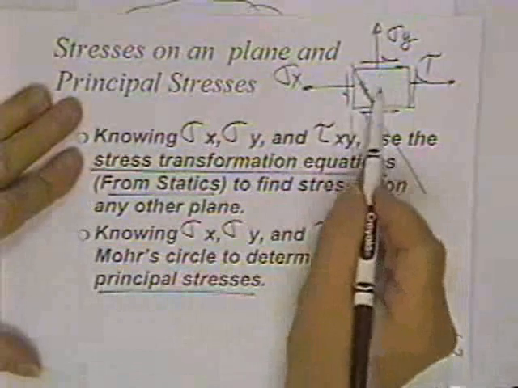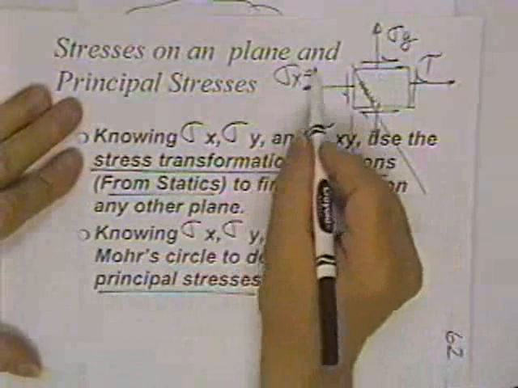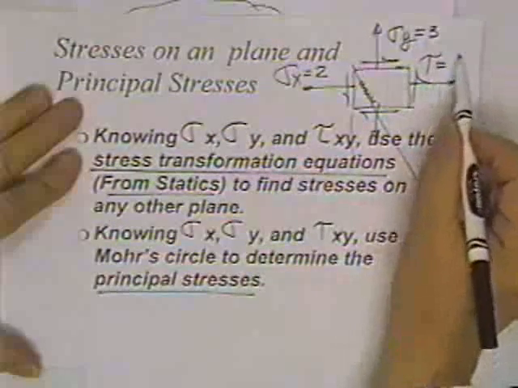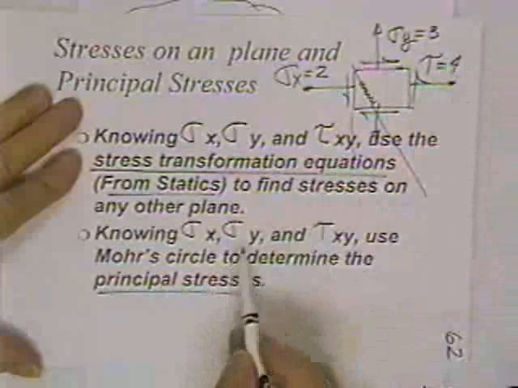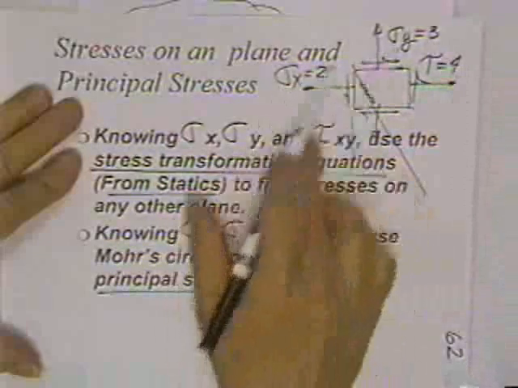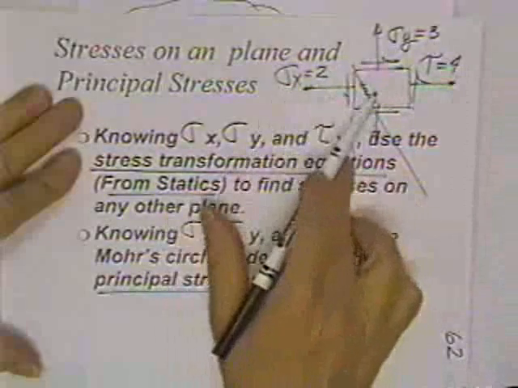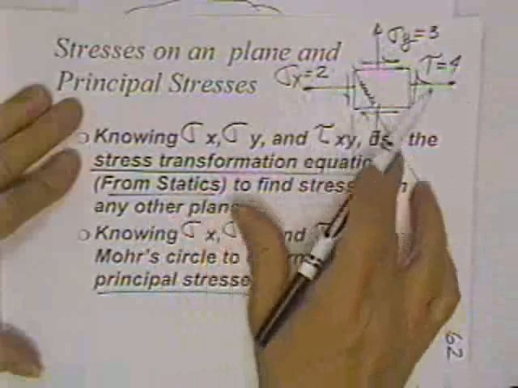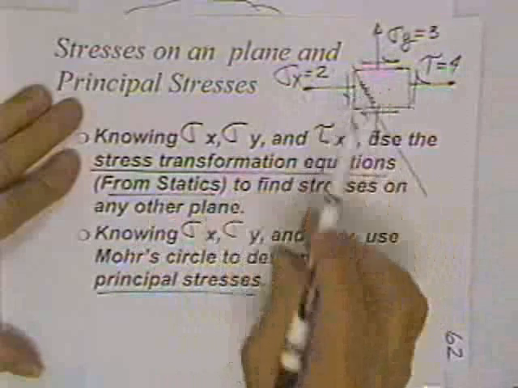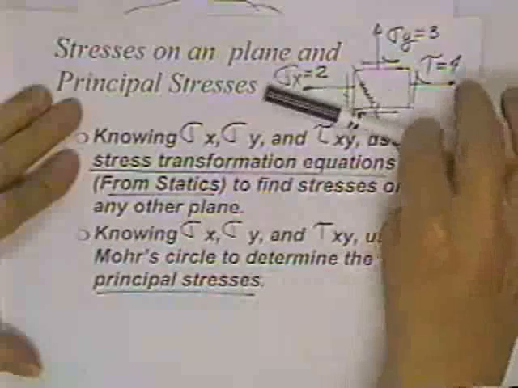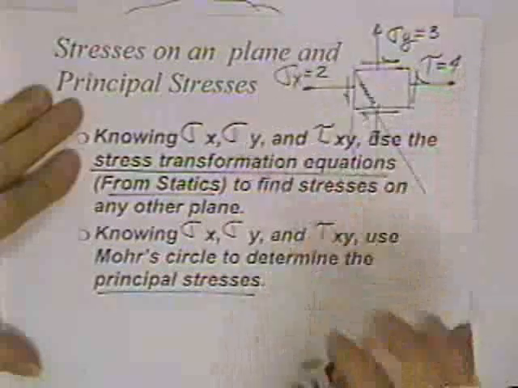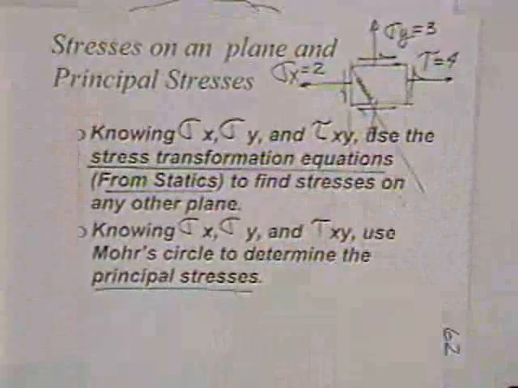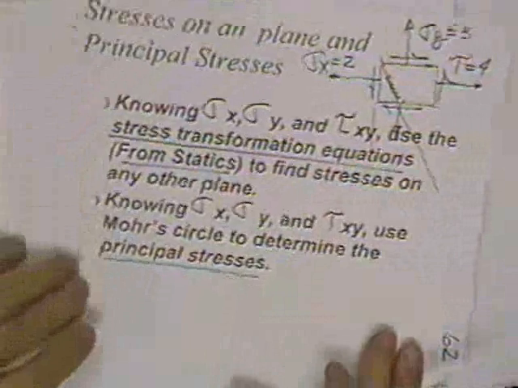The sad part about this situation is if sigma x is 2 and sigma y is 3 and tau is 4, the biggest sigma stress down in here is probably 5. It's bigger than anything you see, and it's hiding. Same way with the shear stress. Inside there, at some other plane, I don't know where, there is a bigger stress than 4. That's what the equations do for you.